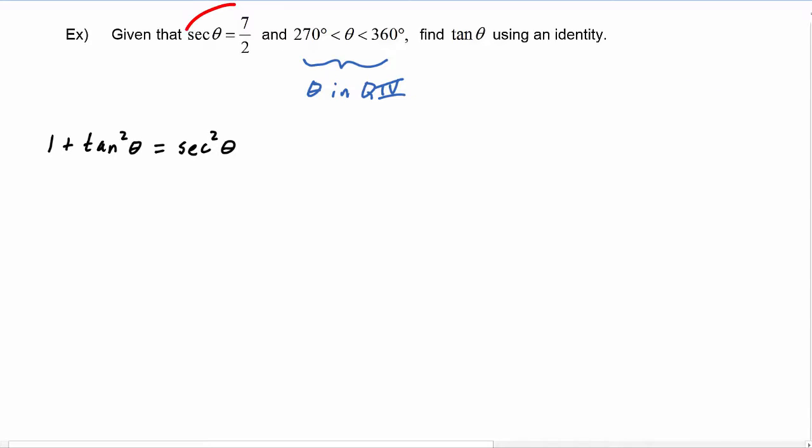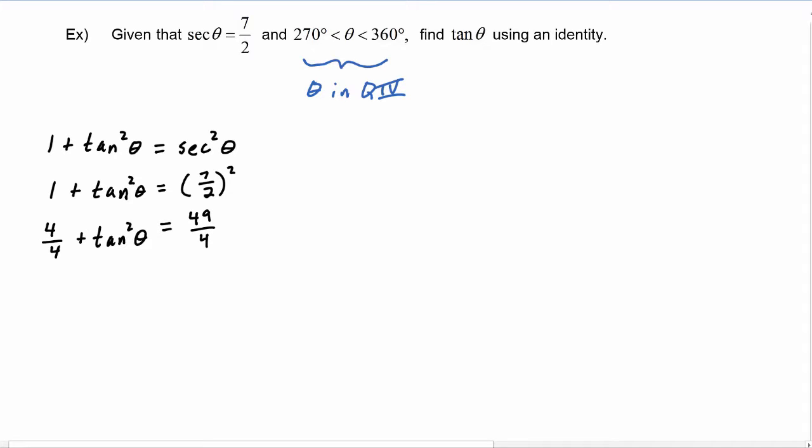Now we can sub in the value that we know, which is that secant is 7 over 2, and we're going to be squaring that. The left-hand side stays the same, 1 plus tangent squared theta. We know that 7 over 2 squared is going to be 49 over 4, and so I'm probably going to want to think of 1 as 4 over 4 plus tangent squared theta.